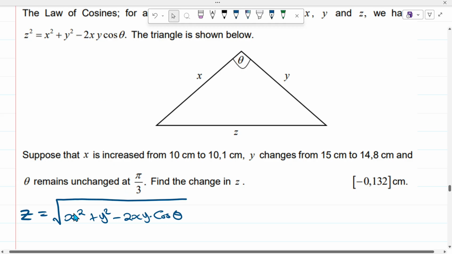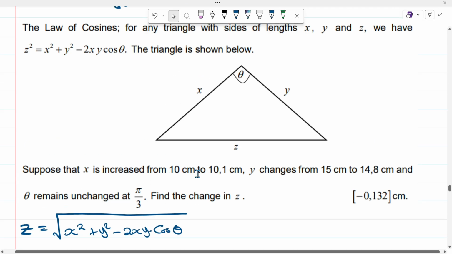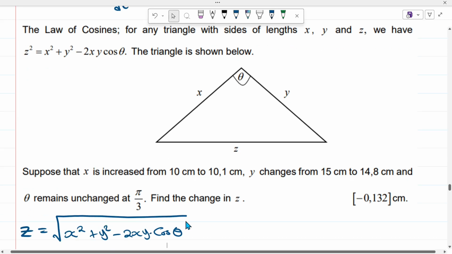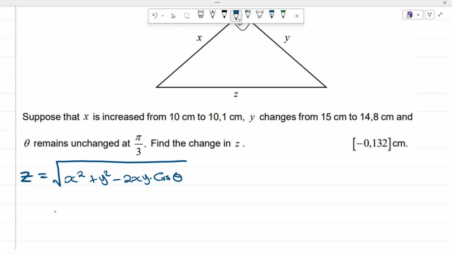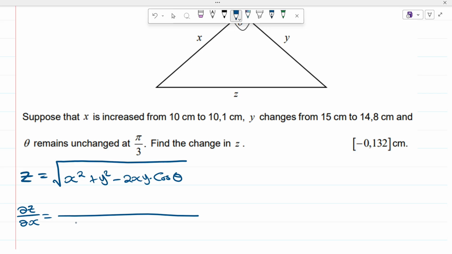So now let's differentiate this one partially with respect to x as well as y, because they told us that theta remains unchanged. So theta is a constant. So now let's differentiate partially. So the partial derivative of z with respect to x first. Just because we're differentiating a root, let's differentiate using the skills that we used on the equations of differentiation in my previous videos.